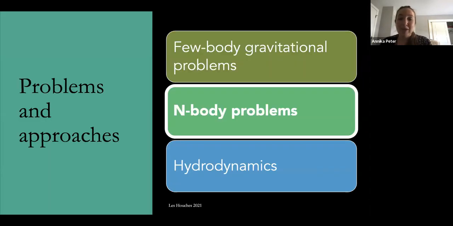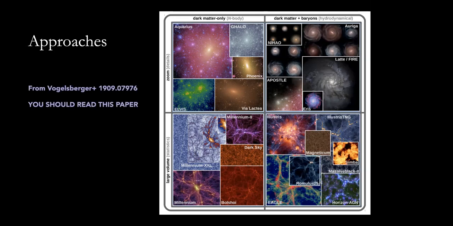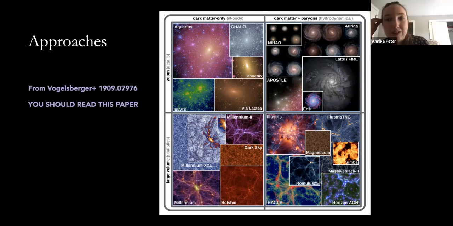Okay, so let's talk about n-body problems. I'm first going to consider only these dark matter only type simulations. Does someone have a question? Yes, thank you. Are any of these groups considering using quantum computing to increase their computing power? That's a great question, and one to which I do not know the answer.